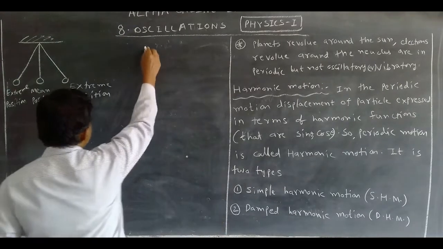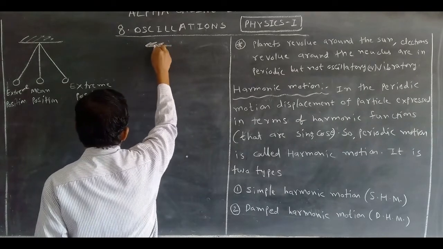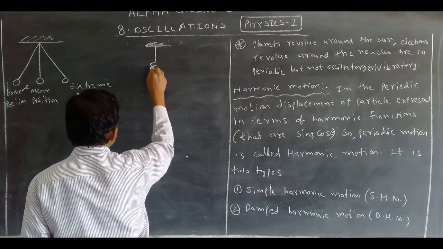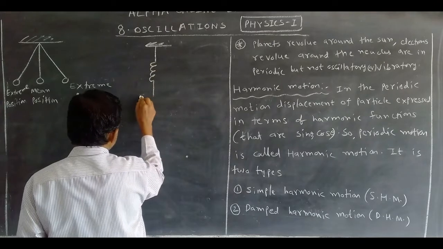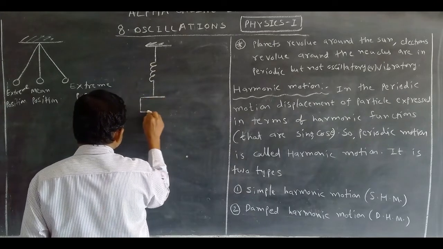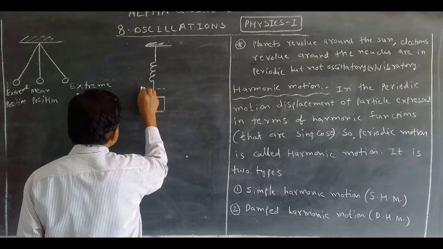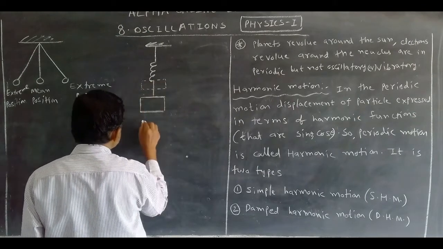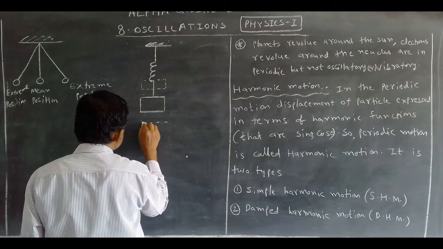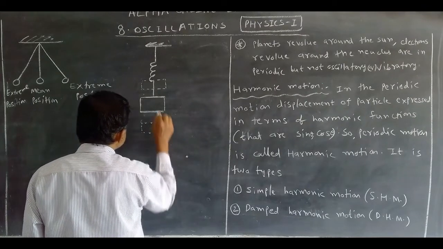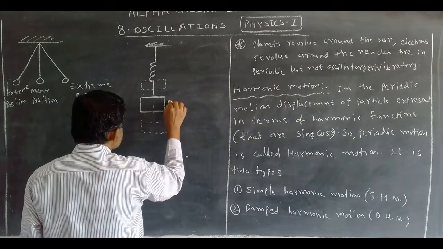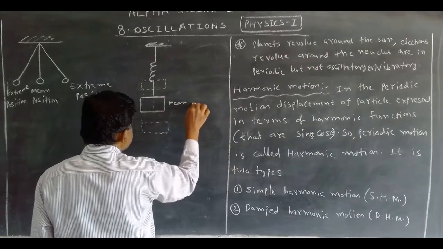Next, another one: a mass loaded spring. It moves to and fro like this. This is called the mean position.